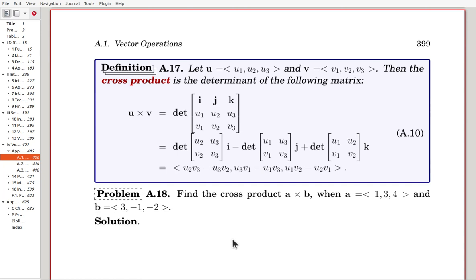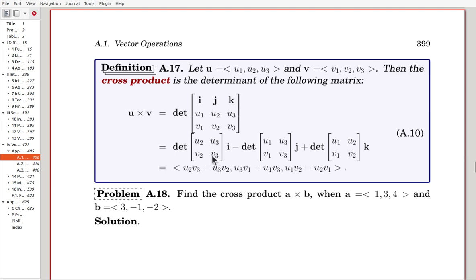Now we'll define the cross product for two vectors. The cross product is defined to be the determinant of the matrix. U cross V is the determinant of the matrix with rows i, j, k, the standard unit vectors, then the u vector, and the v vector.